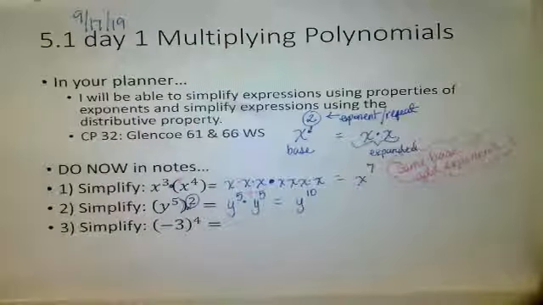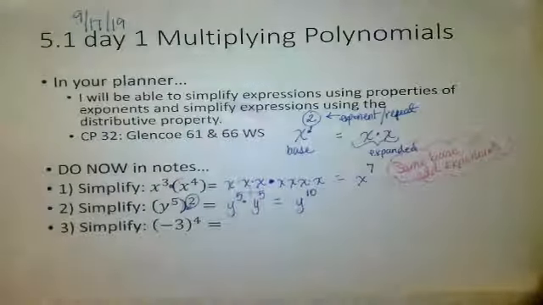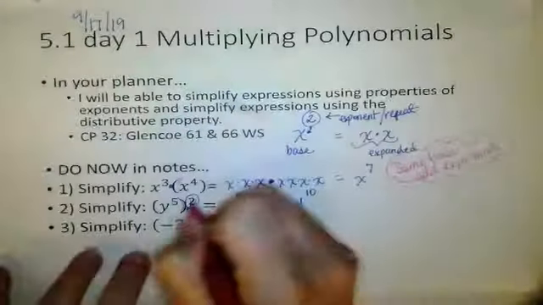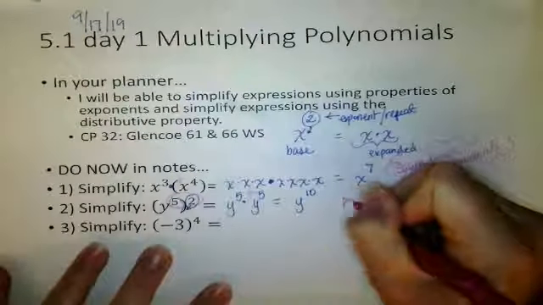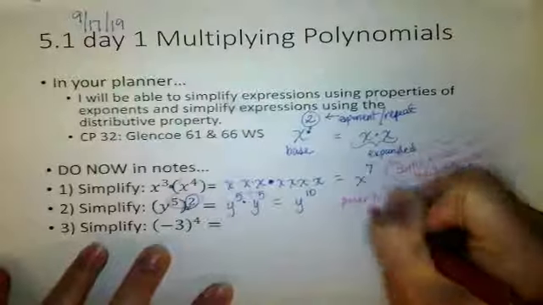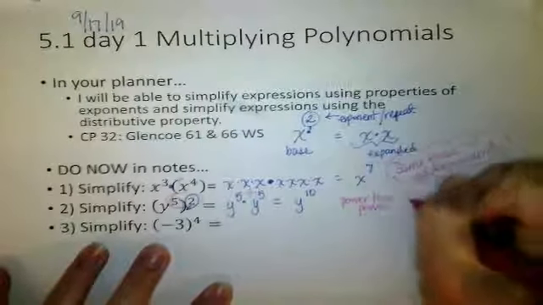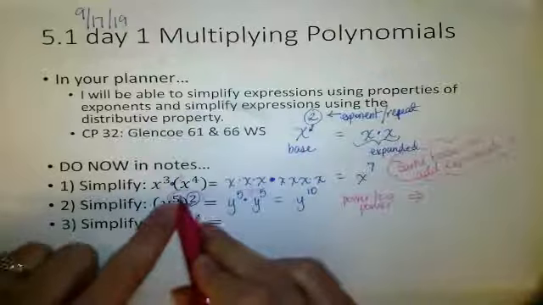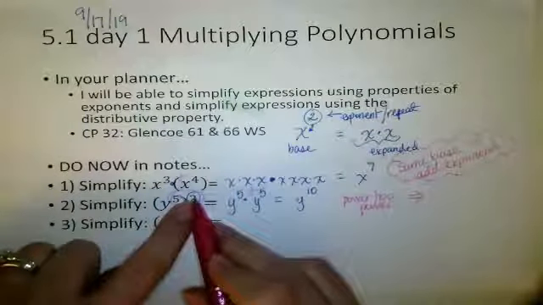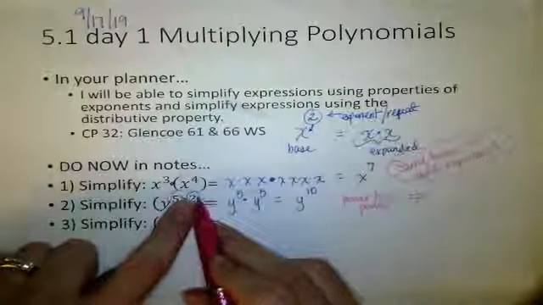But is there a shortcut? 5 times 2. Yeah, the product. If you have this situation, this is called a power to a power. We have y to the 5th being squared. Power raised to a power.